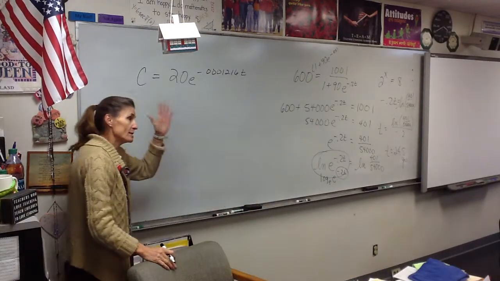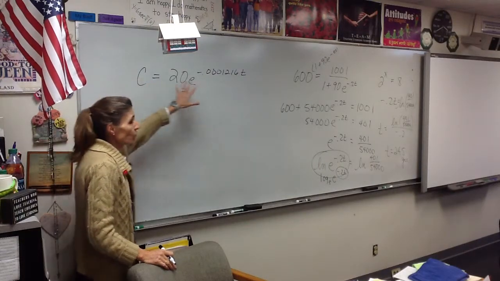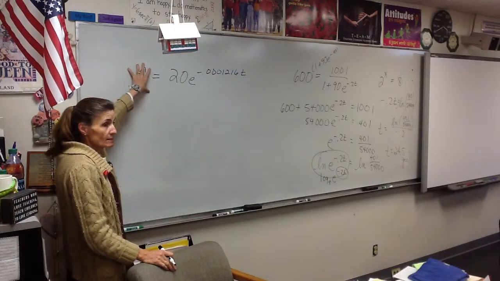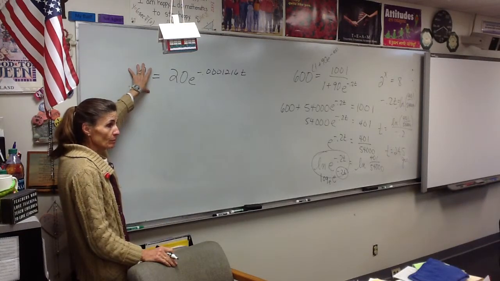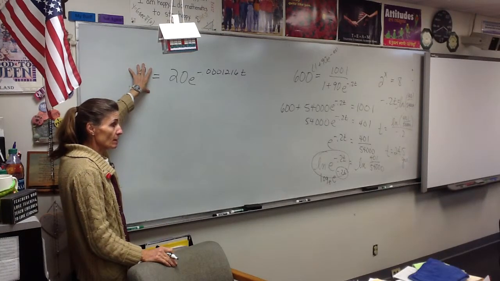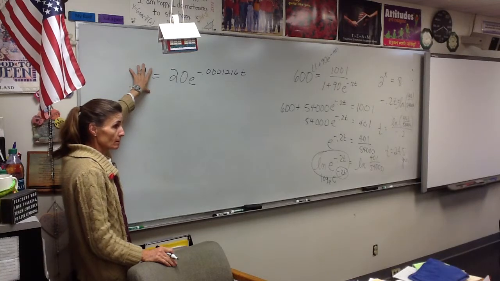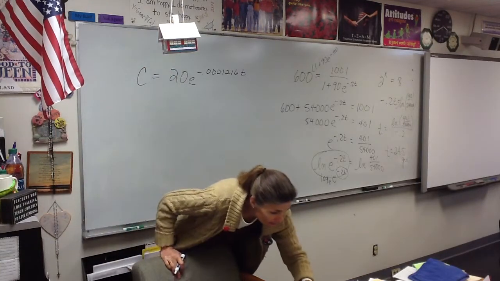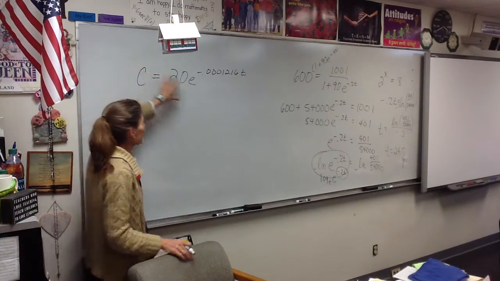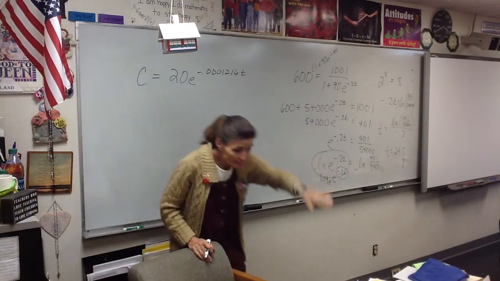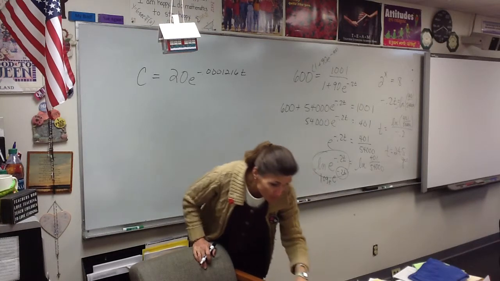Read the problem, one sentence. What does this formula give me? What does this stand for? That's the amount, the number of grams of carbon after we wait t years.